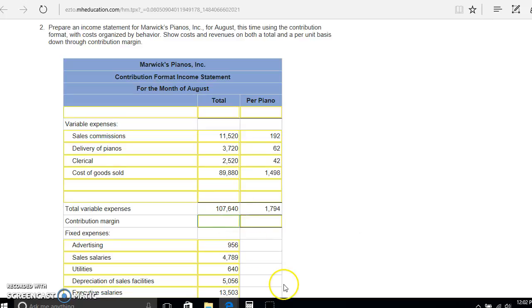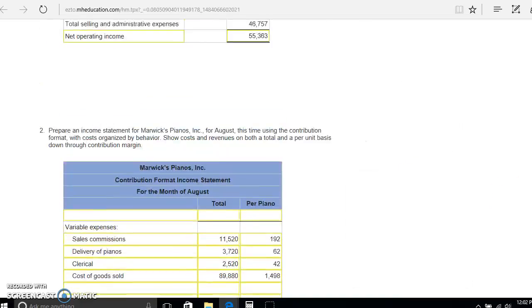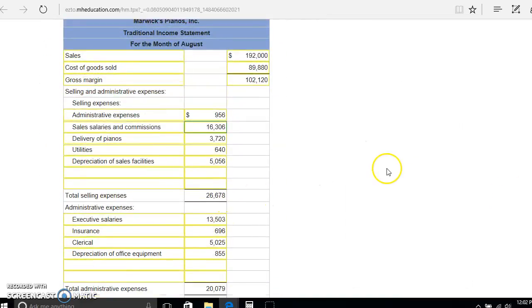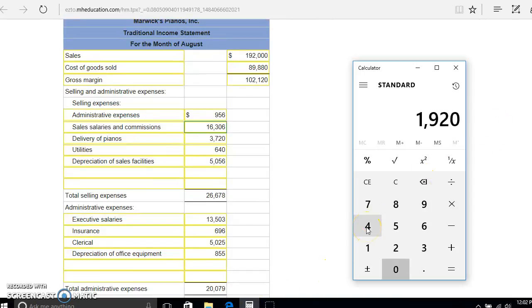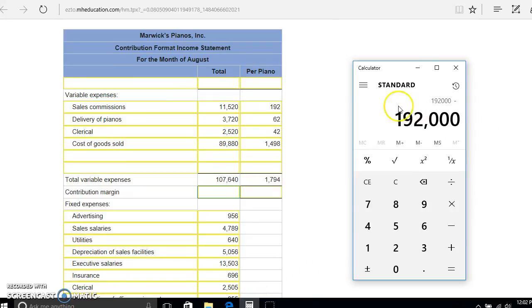So our contribution margin, very important. Our contribution margin is what's left over after all of our costs to make this stuff are taken out. So I'm going to take our total sales, which was 192,000, and subtract all my variable expenses. These are expenses that we incurred only because we made these pianos.